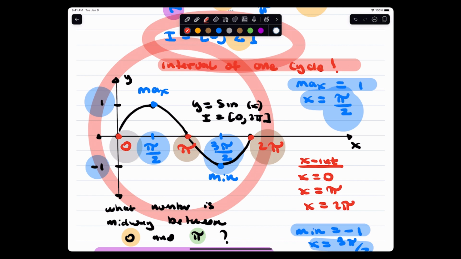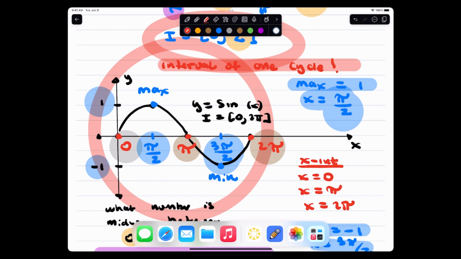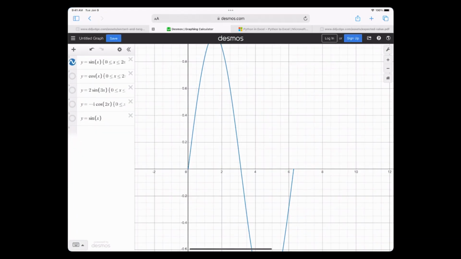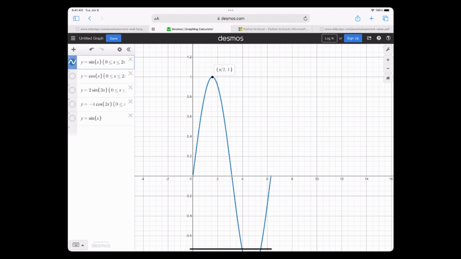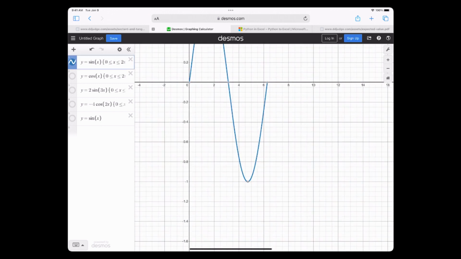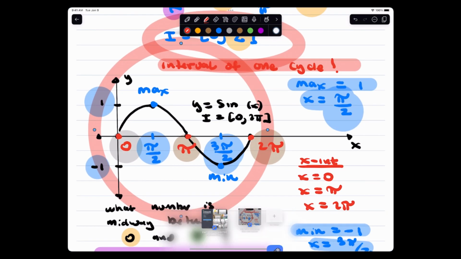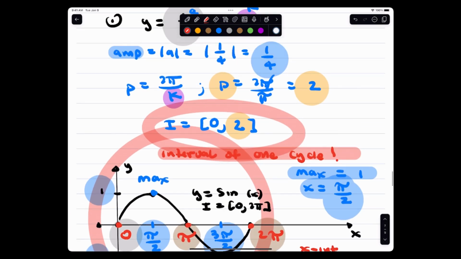So there's some arithmetic. Go to Desmos, right? In Desmos, you might say, is that what they're doing? Yeah, look at this highest point, right? Highest point happens at pi over 2. The value's positive 1. Lowest point happens at 3 pi over 2. The value's negative 1. So, ladies and gentlemen, there it is. That's what we're looking for.